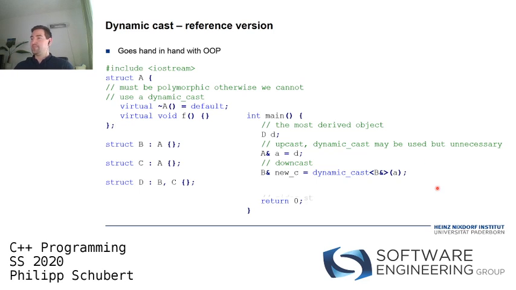All right. And we can also have a side cast. We have that B ref variable, new C. We can also cast it to a C ref type, which we then call new B. And this also works perfectly fine, because the underlying data is of type uppercase D, and D also implements C, so we can sidecast it from a B ref to a C ref.